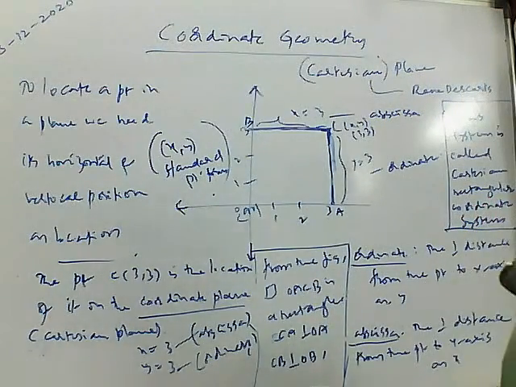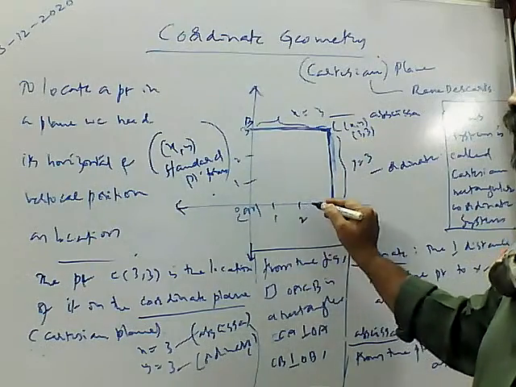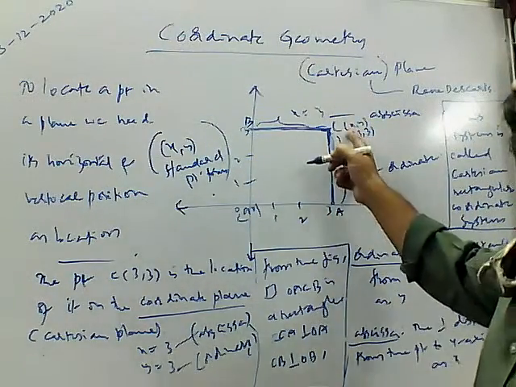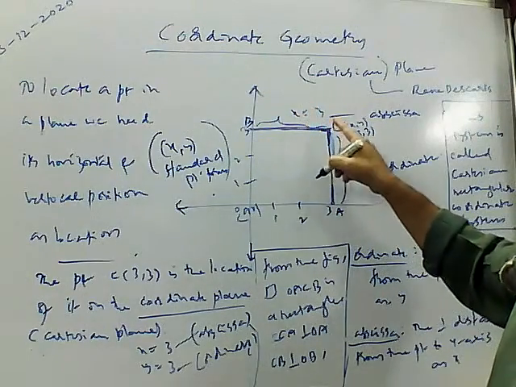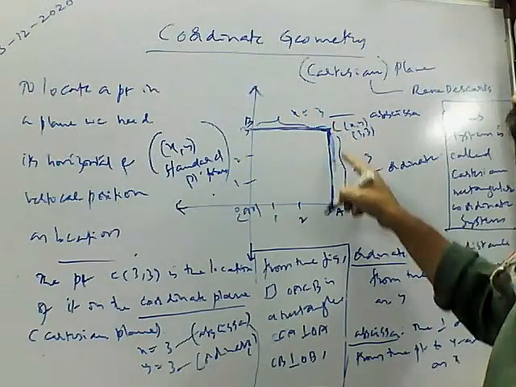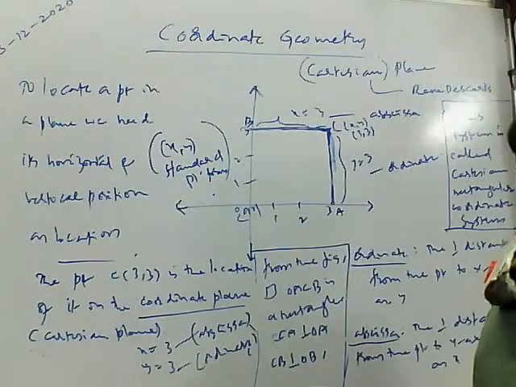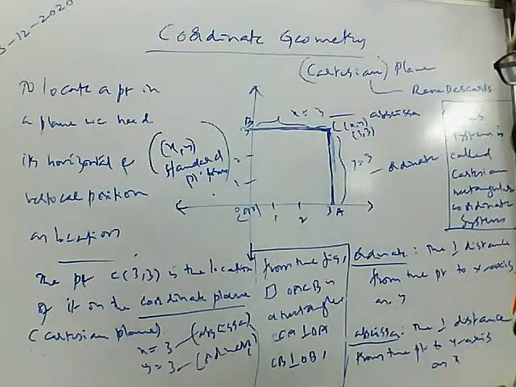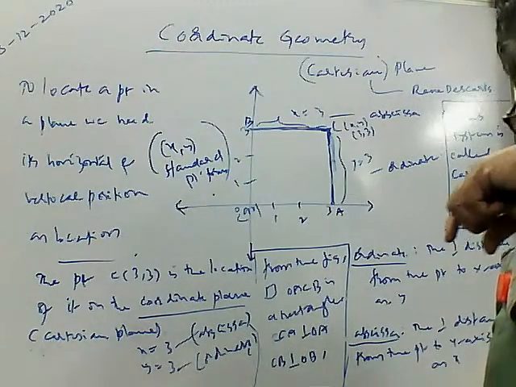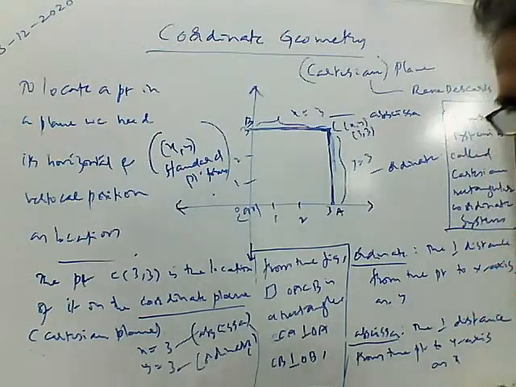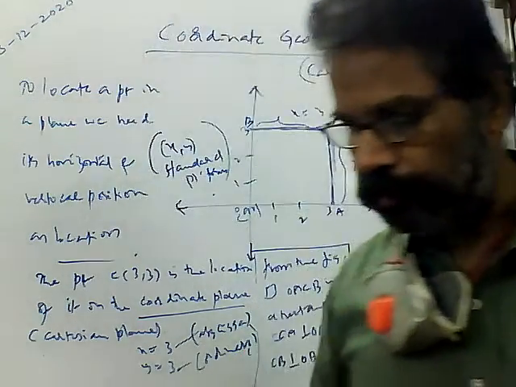The x value indicates the abscissa, the perpendicular from the point to the y-axis, and the y value indicates the ordinate, the perpendicular from the point to the x-axis. Are you clear? What is the introduction of coordinate geometry? Yes, all of you are clear? Good. Next.